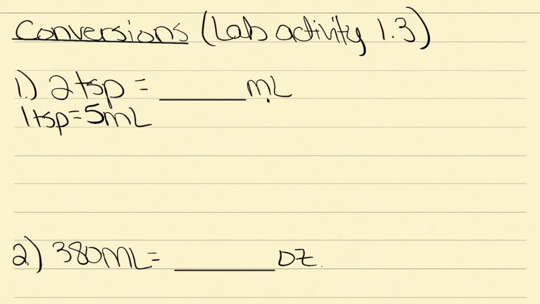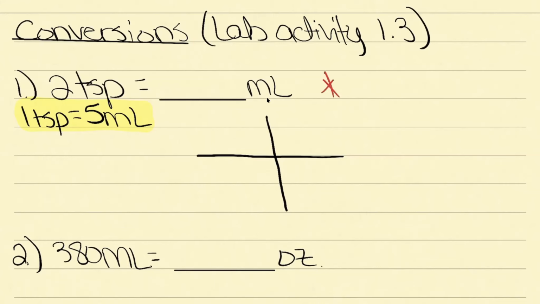If you cannot see it like that, we do what's called the cross. So 1 teaspoon equals 5 milliliters. This is what I call my conversion pair. And I'm going to do the cross: cross, multiply, and divide. So my conversion pair, I'm going to write that down.